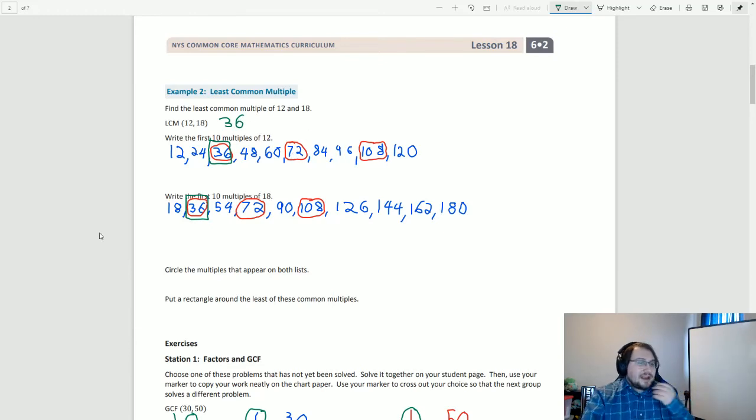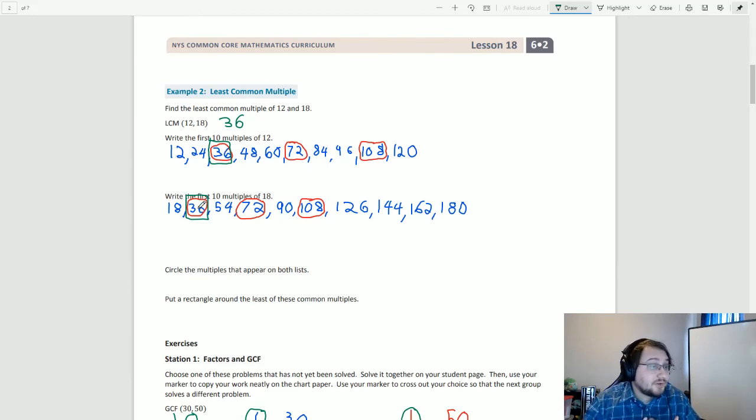36. Now, my question is, did we really need to write out 10 of these for both lists? No, of course we didn't. Obviously, this was just a first example, so we just wanted to write out both lists. But if I was writing this list of 18 and I got to 36 and I'm like, wait a minute, 36, that was on my previous list, then that lets me know that's my least common multiple.